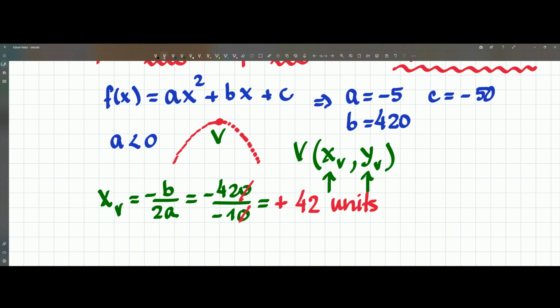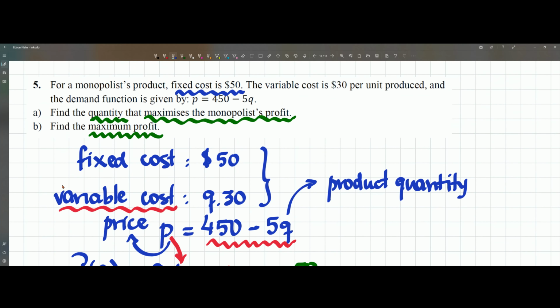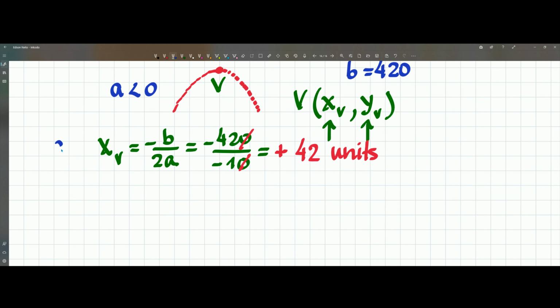Maximize its gains. But how much is this maximal gain? How much is this maximal gain? So this is alternative A. Alternative B now. The maximum profit.